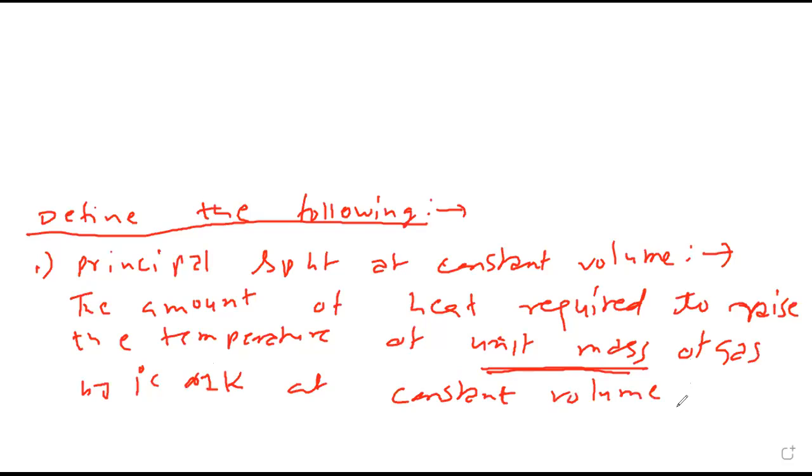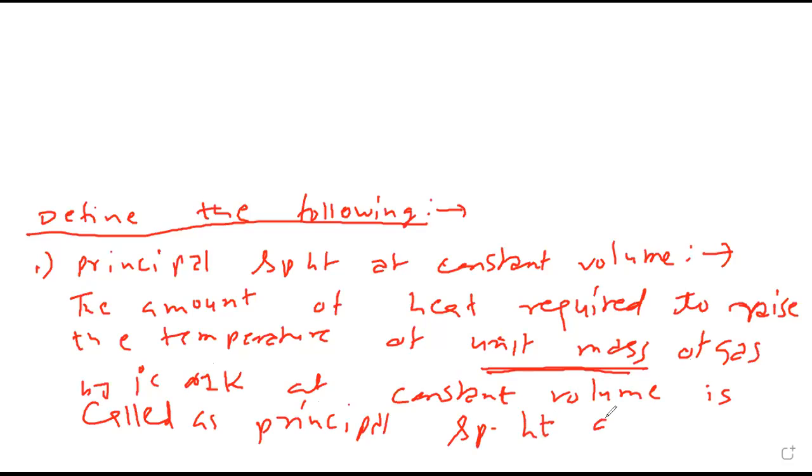Amount of heat required to raise the temperature of unit mass of gas by 1 degree Celsius or 1 Kelvin at constant volume is called as principal specific heat at constant volume.